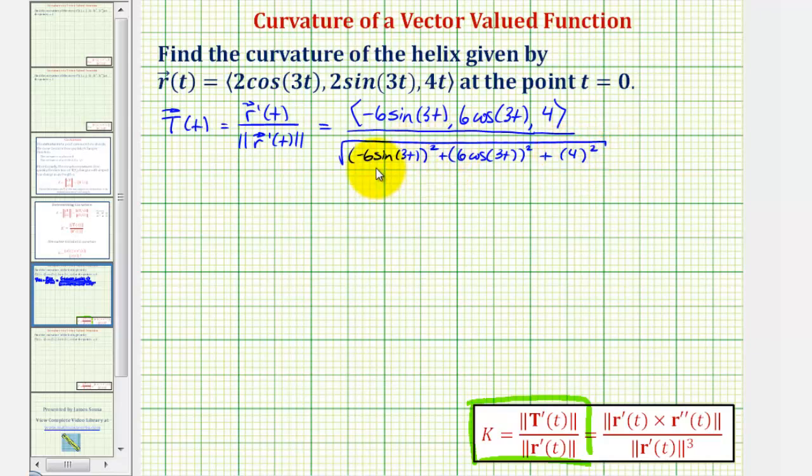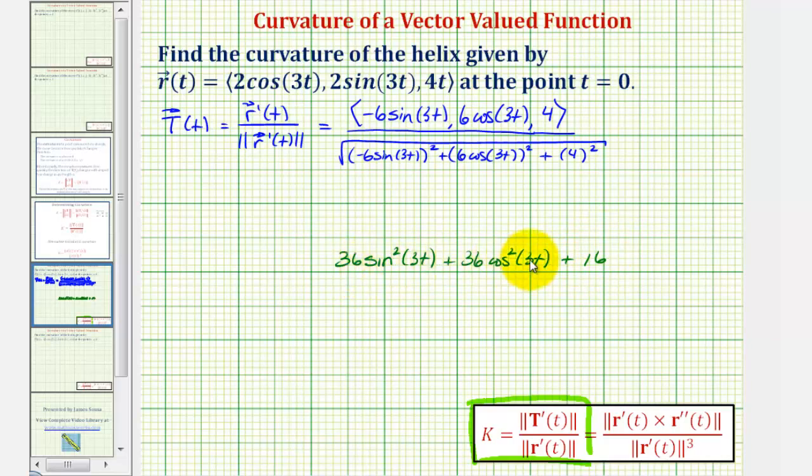Now let's take a closer look at the radicand, or this expression underneath the square root. If we square each of these, we would have 36 sine squared 3t plus 36 cosine squared 3t plus 16.